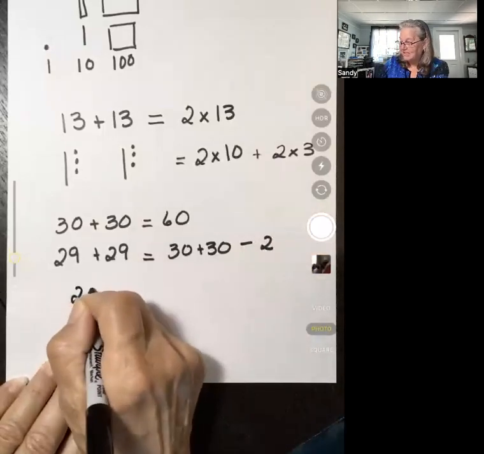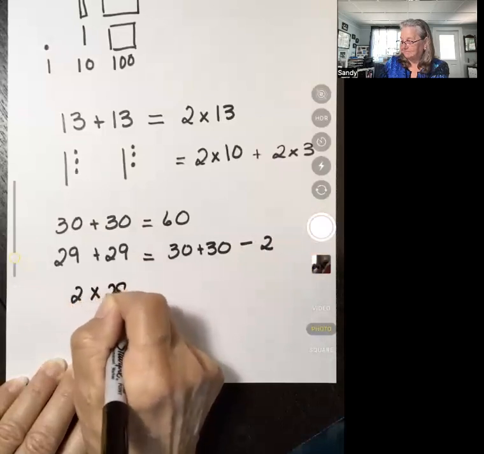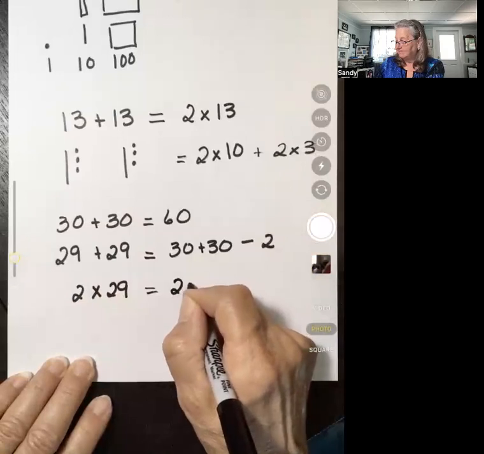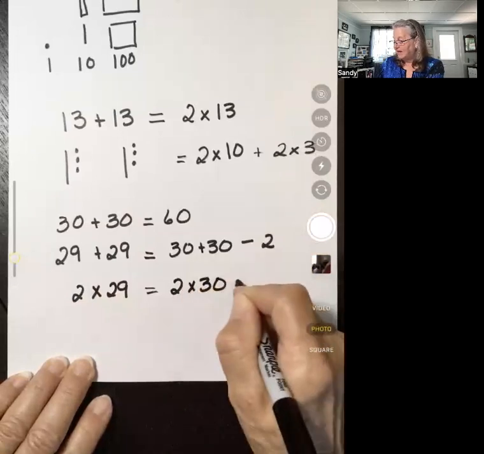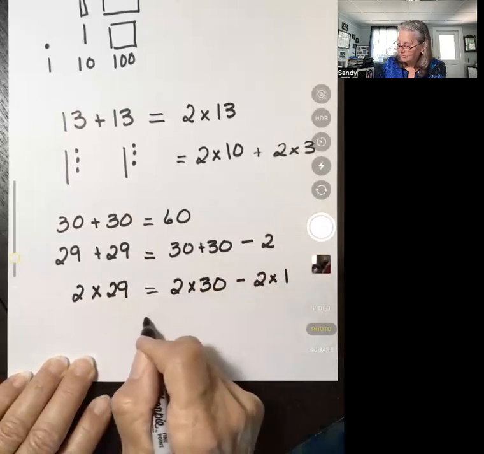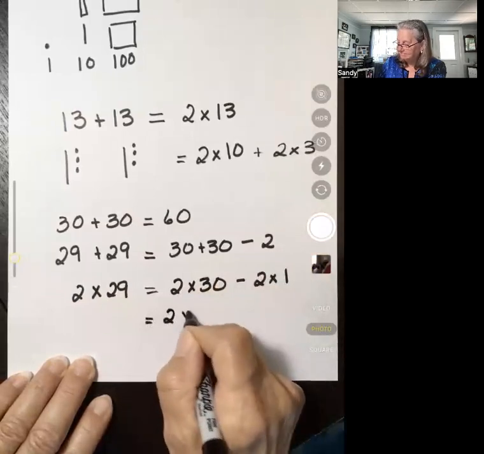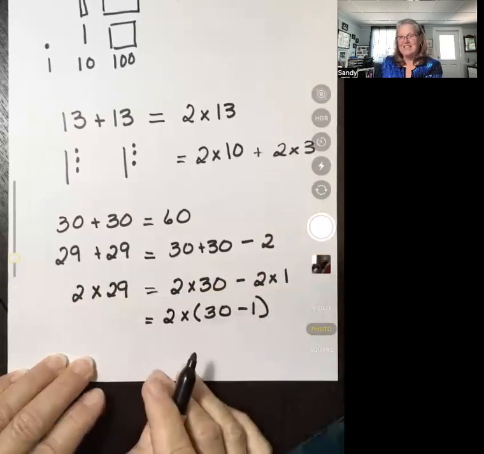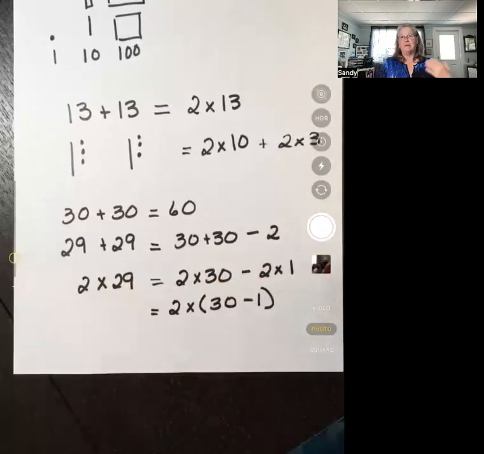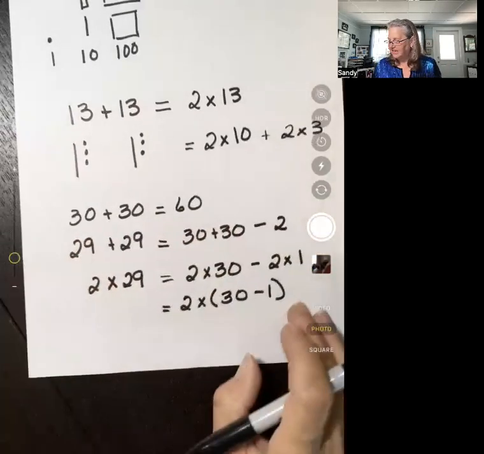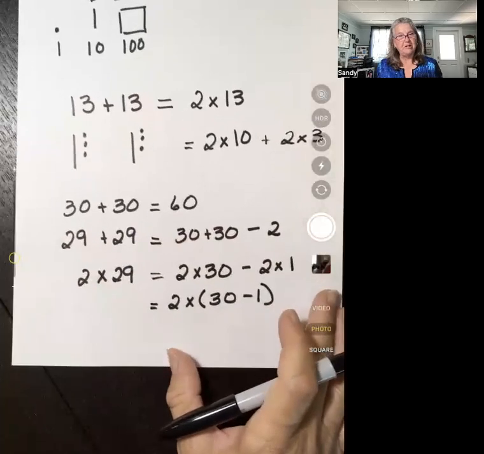What's double 29? Well, it's double 30 minus that double 1. Because how did we think of 29? As 30 minus 1. See, when we're using doubles minus 2, we're playing with this, we're really building the foundation for algebraic properties.